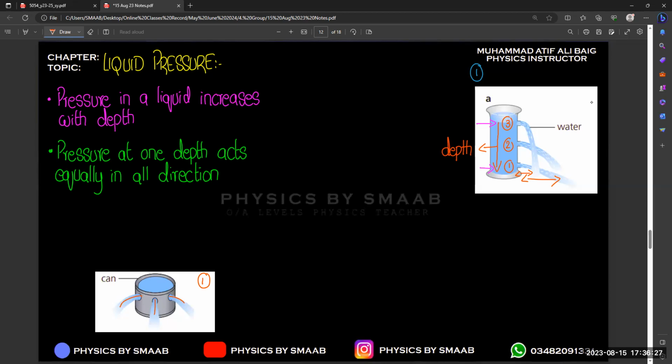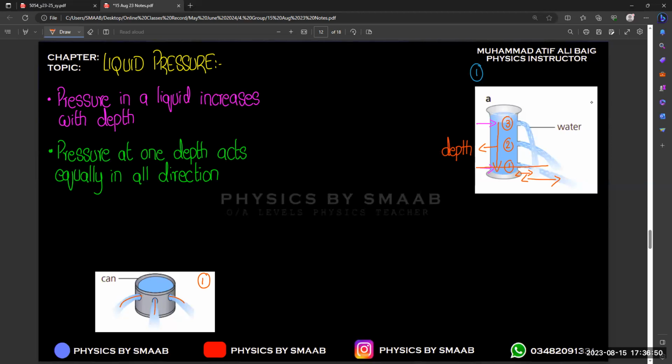When your depth is increasing, more molecules are applying force on your body as compared to the previous levels. Just like if you take a ball, a football, and try to immerse that ball into the water, initially it floats.